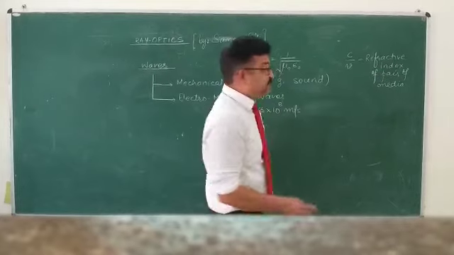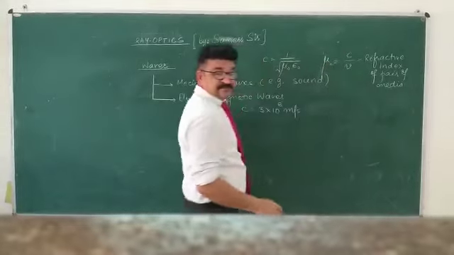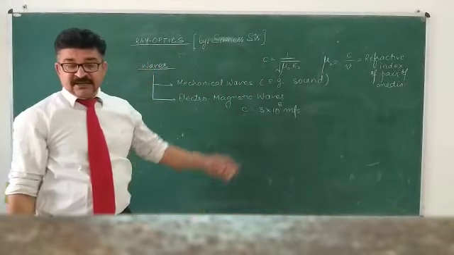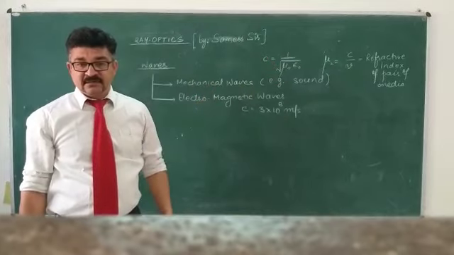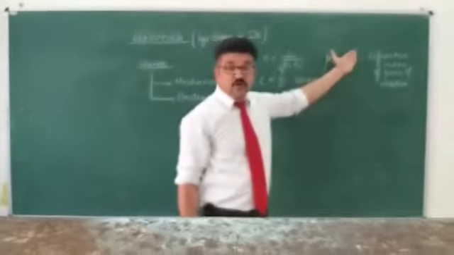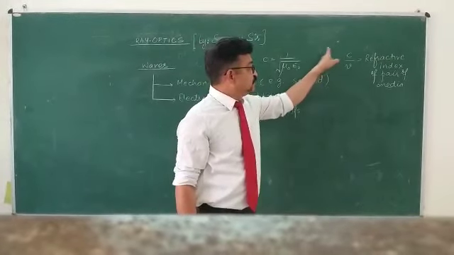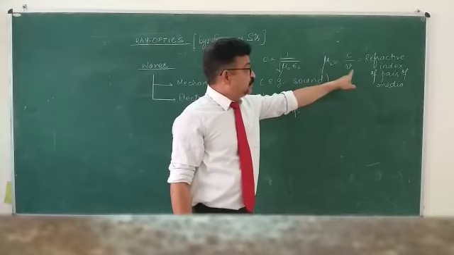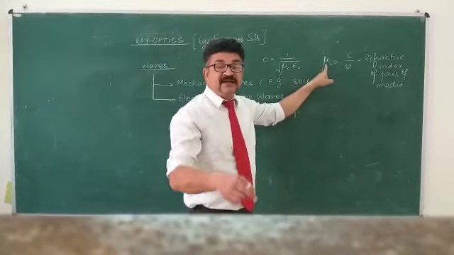If you know it from the previous classes, whenever light moves from medium 1, vacuum, to a medium 2, this can have the value of c divided by v. What is c? This is the velocity of light in medium number 1. And what is v? This is the velocity of the electromagnetic wave when entering the second medium.